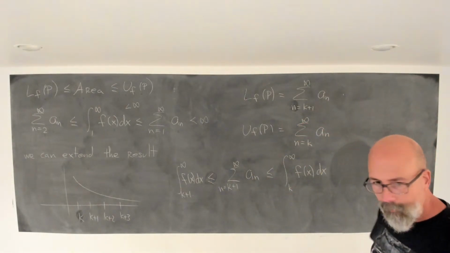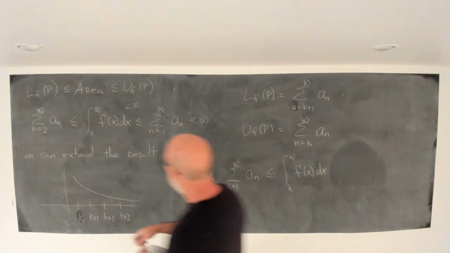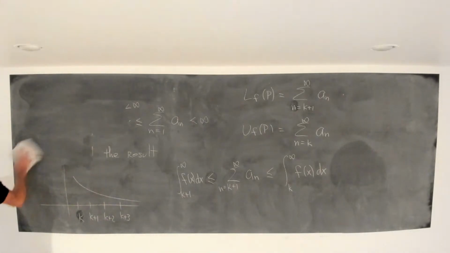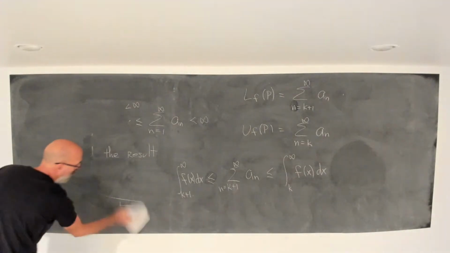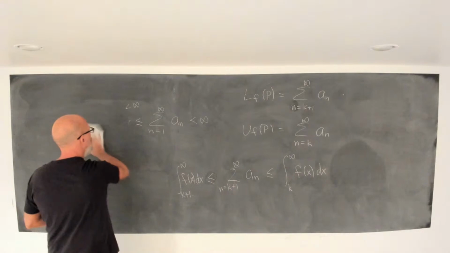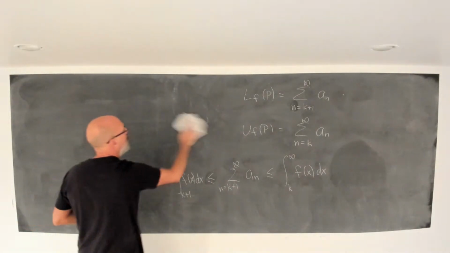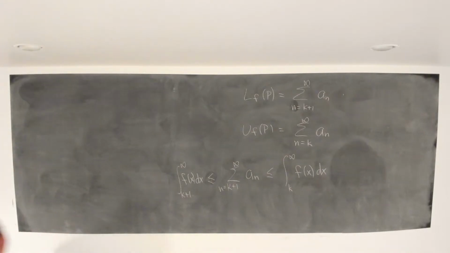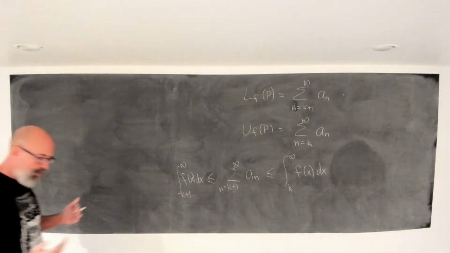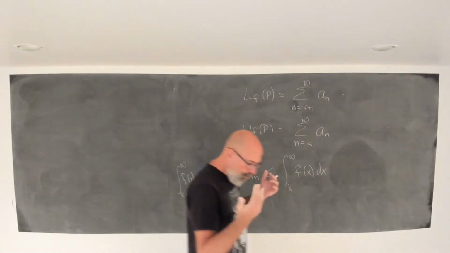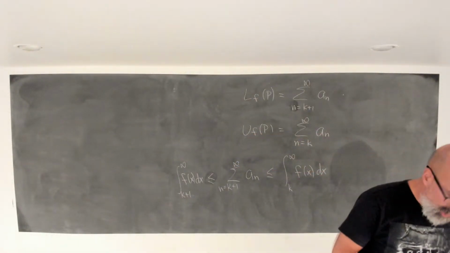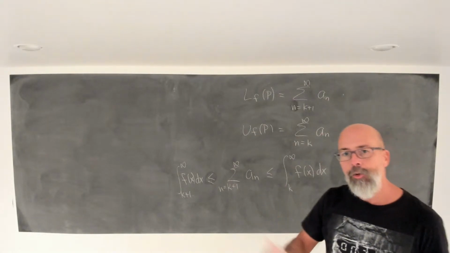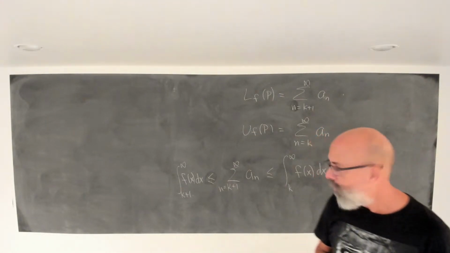What's the point here? Well, the point is this. If you have a series that converges, you might apply the integral test and you have convergence. You can establish convergence of the series. What the integral test doesn't tell you is what the actual series converges to.